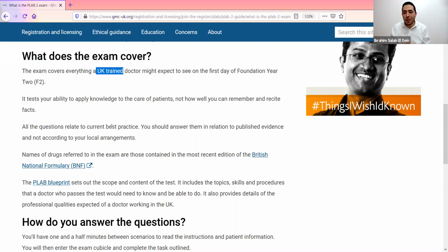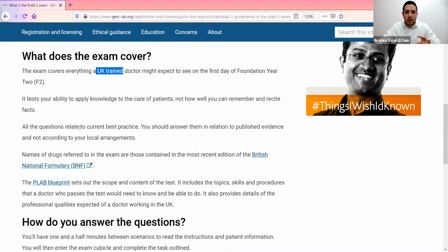Because in some situations you may not know the diagnosis, or you forget the diagnosis, or you don't remember the management or the treatment. So you need to learn how to deal with a situation like this, as if it is a real situation.